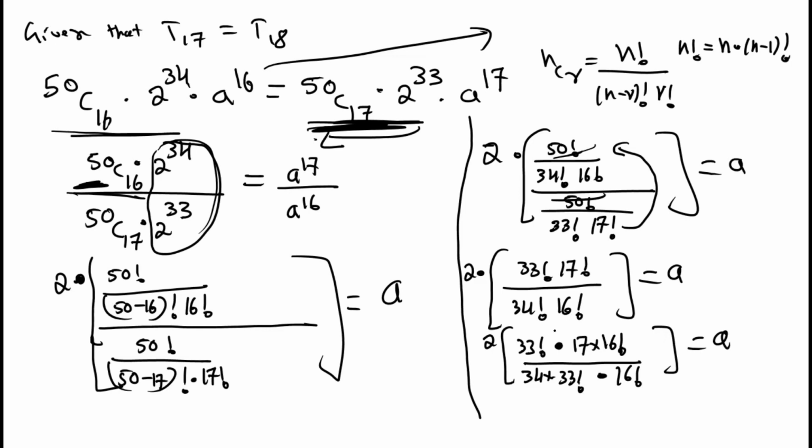Now see, 33 factorial, 33 factorial, 16 factorial, 16 factorial get cancelled, and again see 17 ones are 17, 2 twos are 34, 2 2 again gets cancelled. All terms get cancelled.